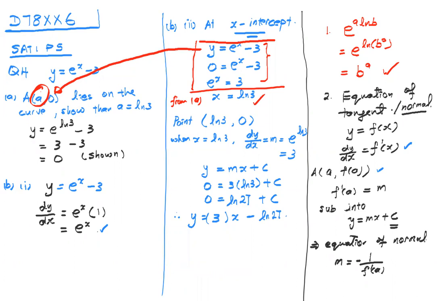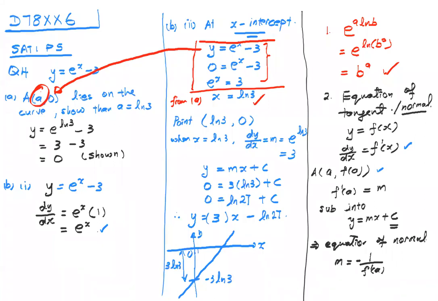So my tangent will look like this. So I know that this is negative 3 ln 3. So that means this length is 3 ln 3. Correct?